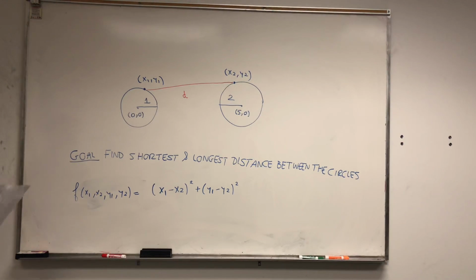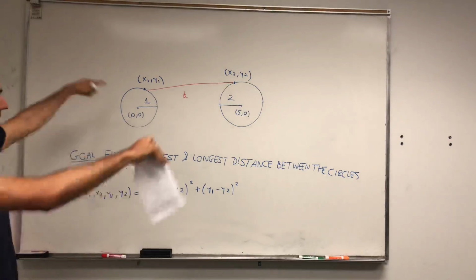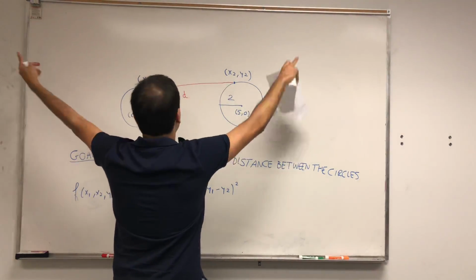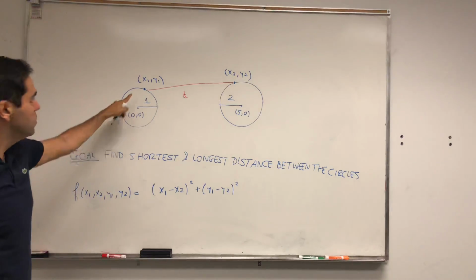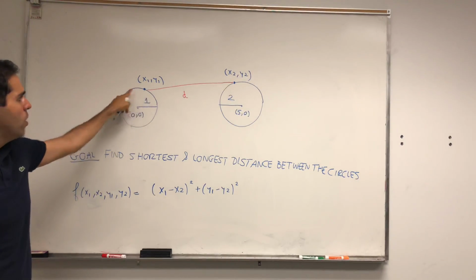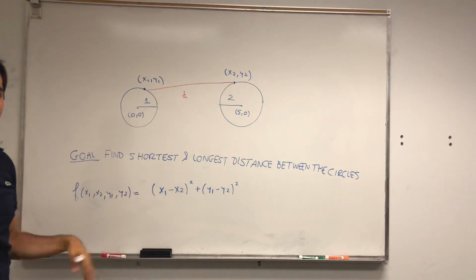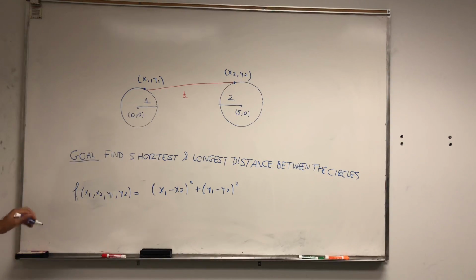That's the first thing. And moreover, we can't just pick any set of points, like those two would not be on the circles anymore. So x1 and y1 are constrained by being on the first circle, and x2, y2 is constrained by being on the second circle.